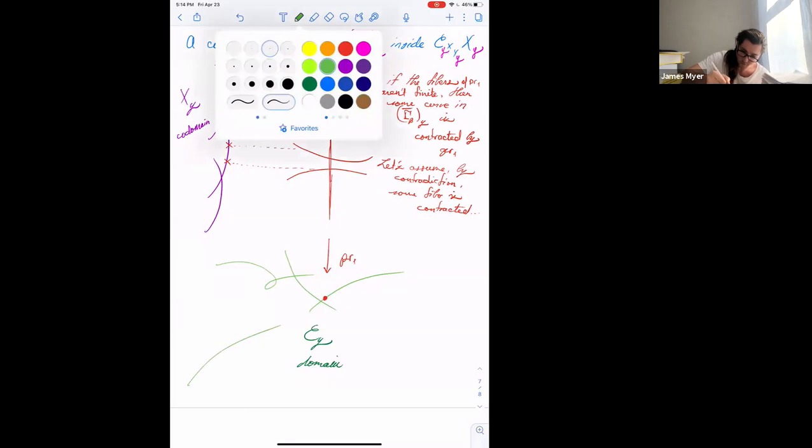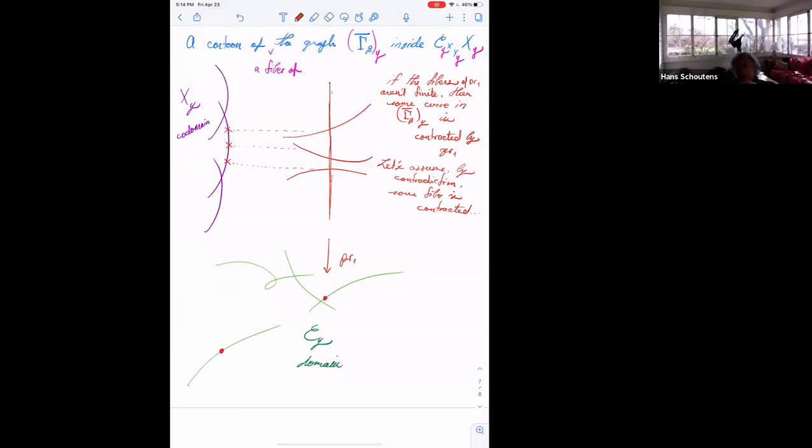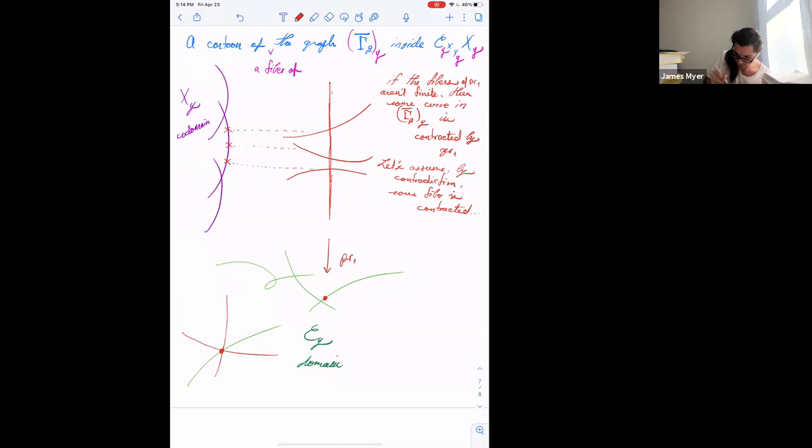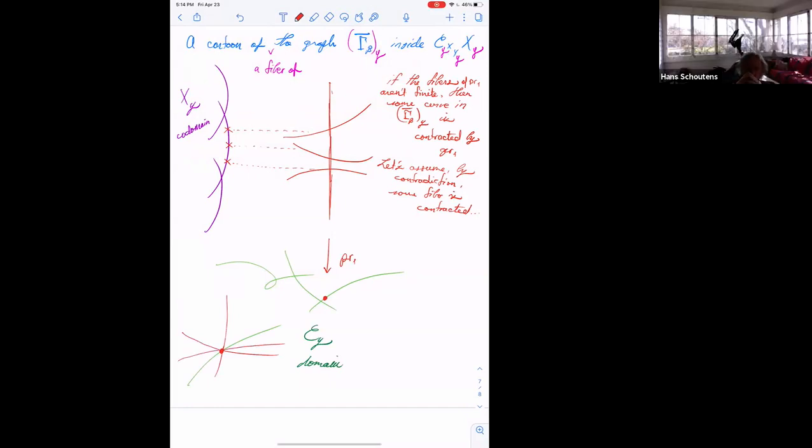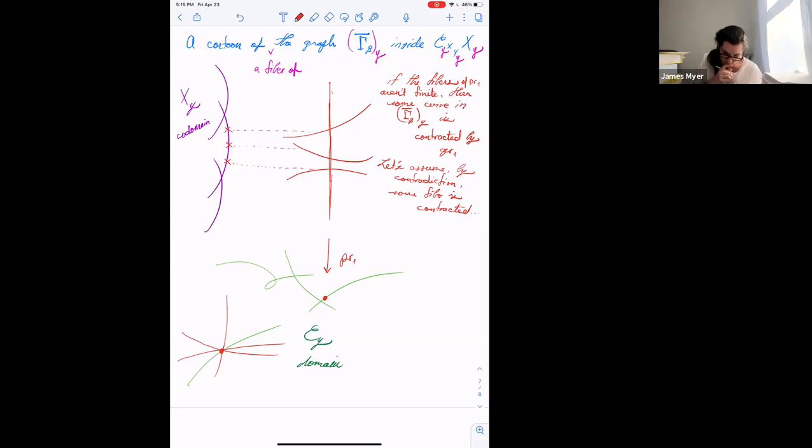Okay. Well, that's already a contradiction because you have other curves. Right, it would look like this. Yeah. Oh, I see what you mean.